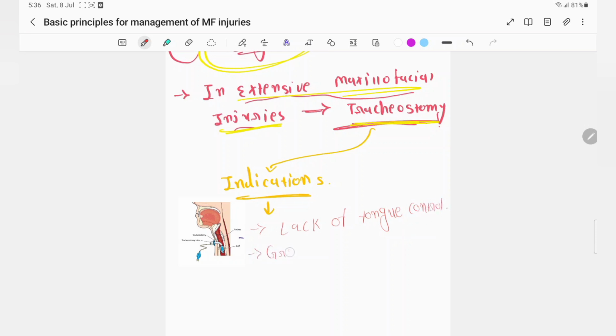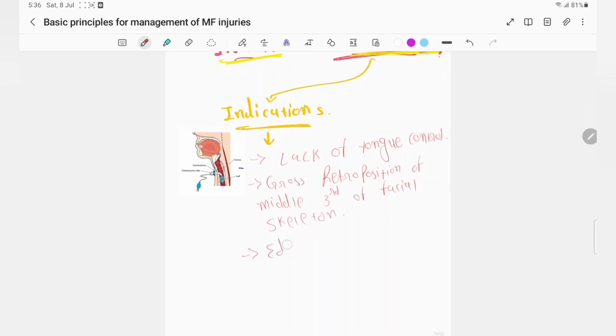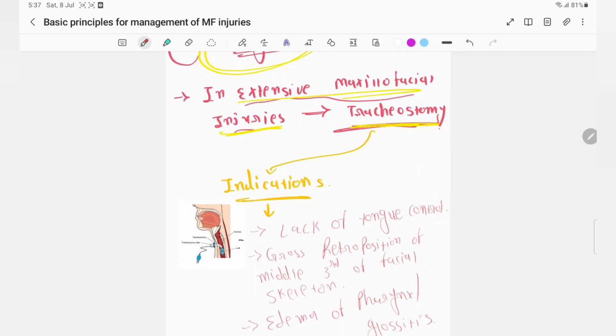Then gross retroposition of the middle third of the facial skeleton, or edema of the pharynx, or we can say glossitis. Any respiratory inadequacy. In this situation, we have to go for tracheostomy.